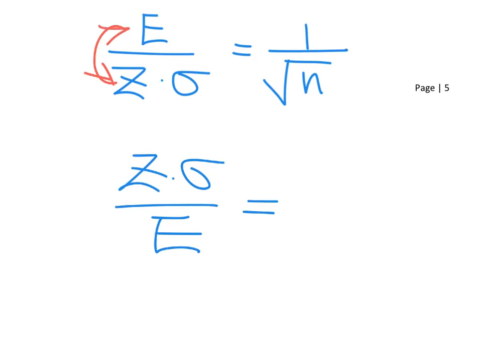Just flip. I should flip on the right hand side too, so the right side will be square root of n. Now I want to delete the square root sign. What should I do? Take the square.